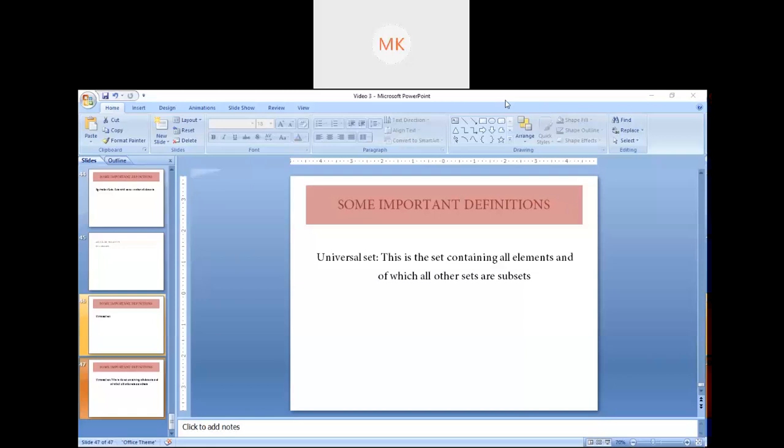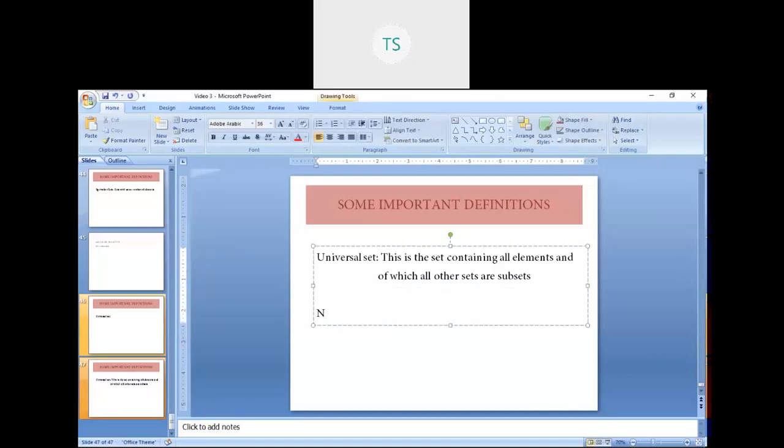Ma'am, can you give an example? Yes, suppose I write it here. Capital N, the set of natural numbers. The elements are 1, 2, 3, and so on, all the numbers.